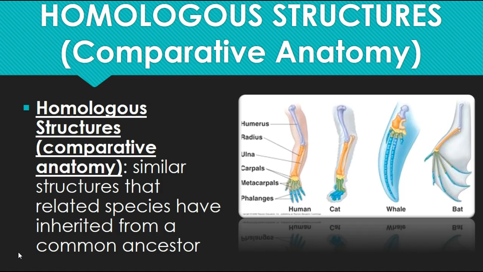You can see highlighted in orange is the radius, and this is a bone in the human forearm, but it's also located in the cat, in its leg. In the whale, you also see a radius highlighted in orange.